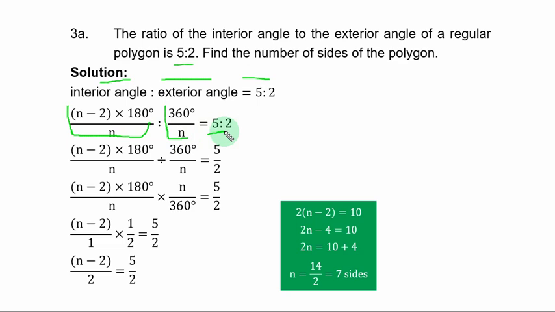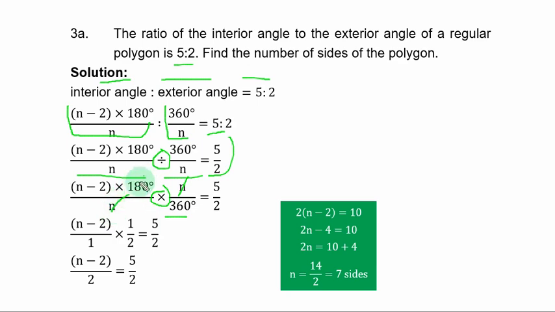You know, ratio is always expressed in fraction, that is division. So for the left hand side, you divide this by this and you express the right hand side in fractional form. Let's convert this division sign to multiplication, and you invert this fraction to this form where n cancels n.